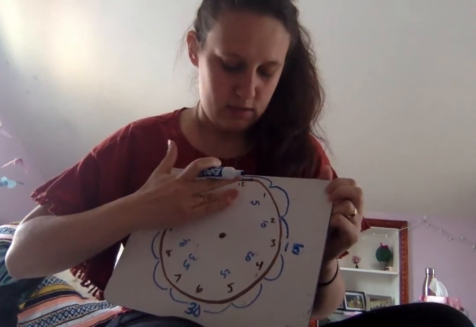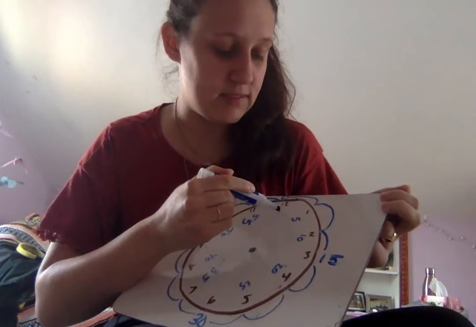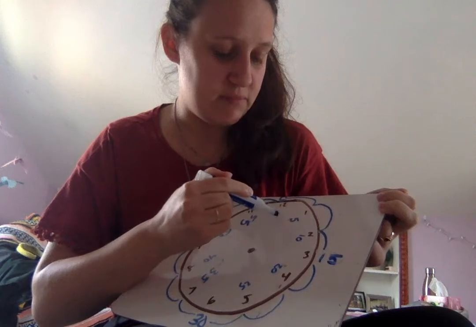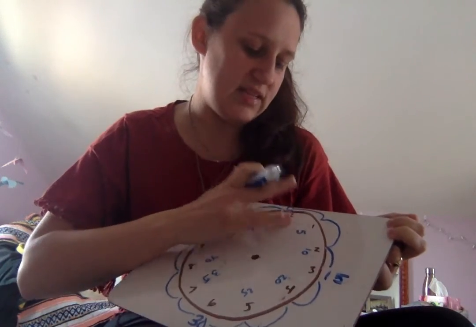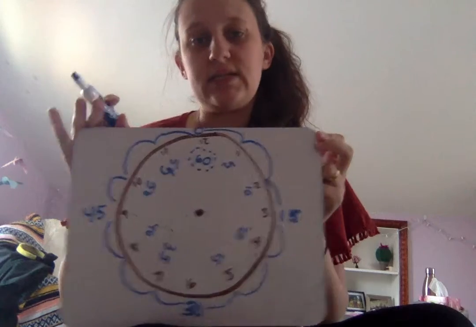We say the next hour. So there's 60 total minutes, because there's 60 minutes in an hour. So I'm going to put the 60 here, but we don't say 60.